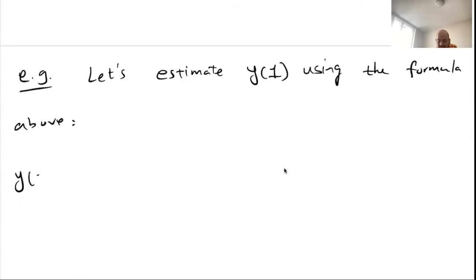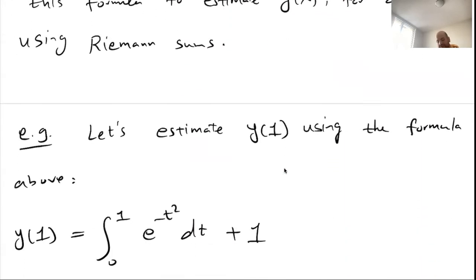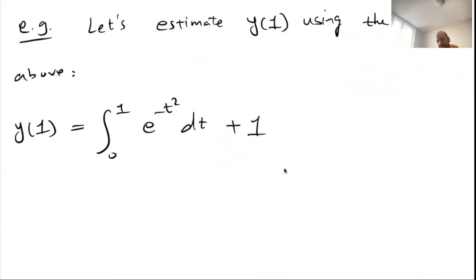So y of 1 is what? y of 1 is equal to integral 0 to 1 of e to power minus t squared dt plus 1, right? y of x was integral 0 to x of e to power minus t squared plus 1. So y of 1 is integral 0 to 1 of e to power minus t squared plus 1.